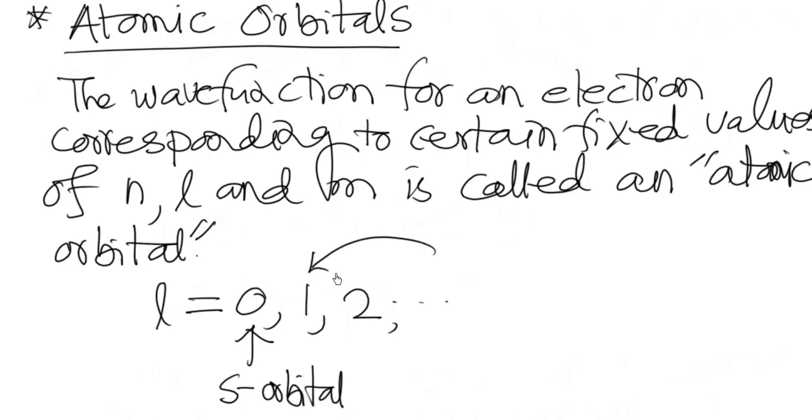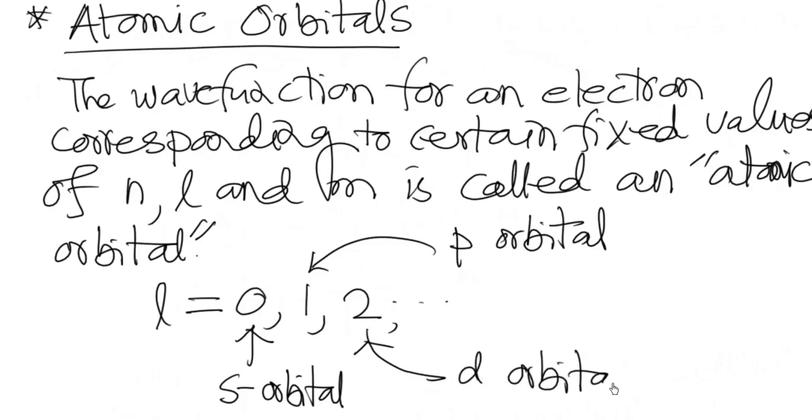For L equal to 1, I will call them p orbitals, and L equal to 2, d orbitals, and so on. Moreover, the numerical value of small n is placed before the letter specifying the L value.